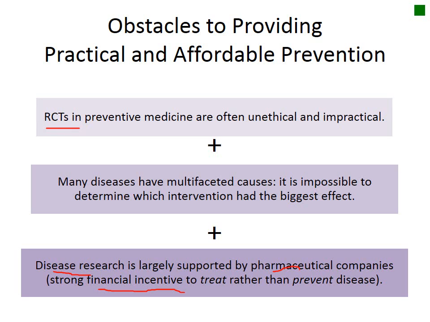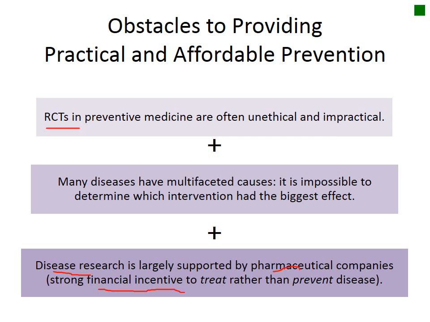So one reason why we can't do randomized control trials in preventive medicine is that, in my example of tobacco and smoking bans and increasing the price of cigarettes, we can't randomize which segment of the population is going to be the smoker or not.